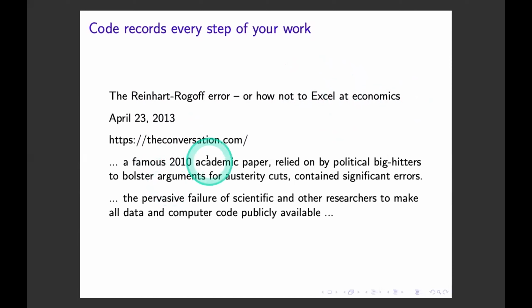Further, this blog says that in this famous 2010 academic paper, which was very influential in policy circles, this paper contained significant errors. And according to the writer of this blog, this is due to the pervasive failure of scientific and other researchers to make all data and computer code publicly available. So that's the reason for coding.